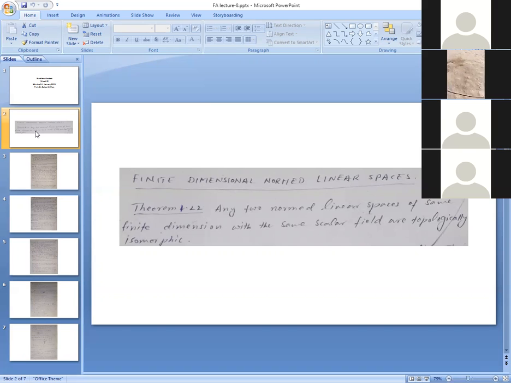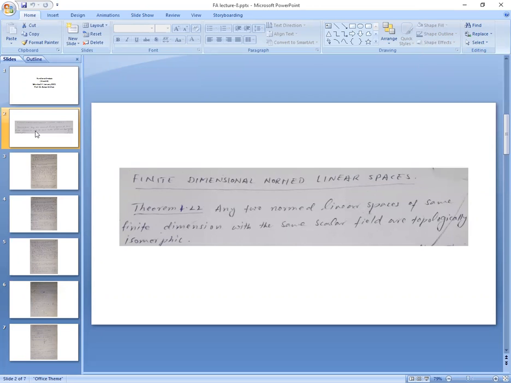If you can see the slide, finite dimensional normed spaces, this is the title. And here is one result which says that any two normed spaces of finite dimension with the same scalar field are isometrically or topologically isomorphic.